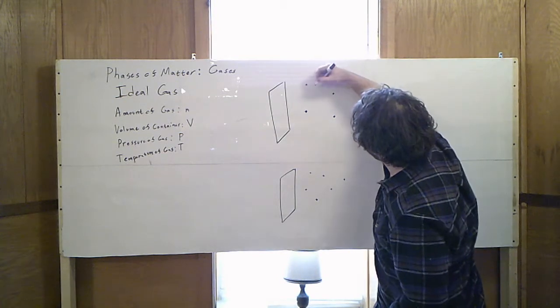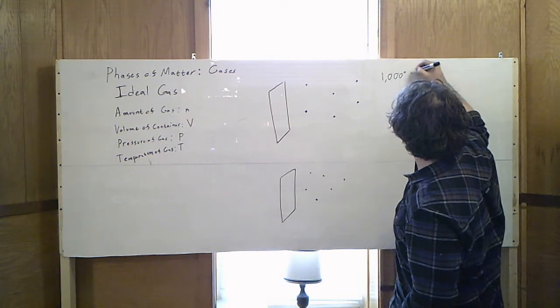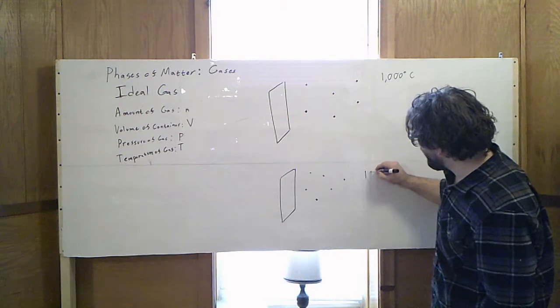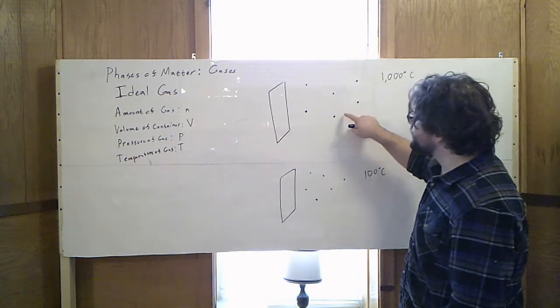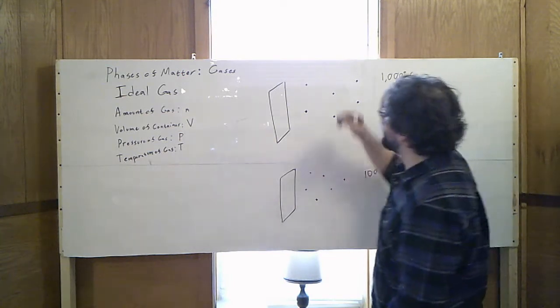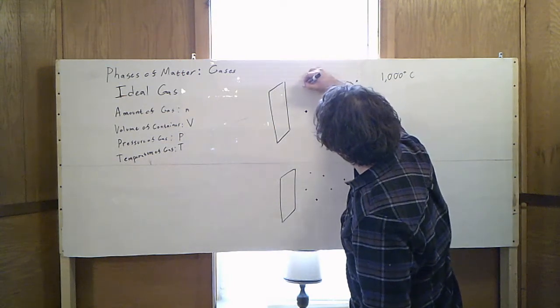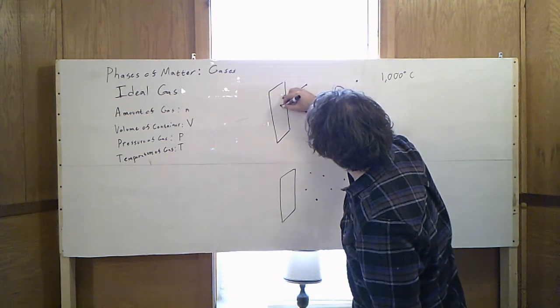If this gas has a temperature of, let's say, 1,000 degrees Celsius versus this one at 100 degrees Celsius, what that means is the molecules of this gas are going to be moving around a lot more, with a lot more velocity. And so I'm going to represent that with longer arrows.